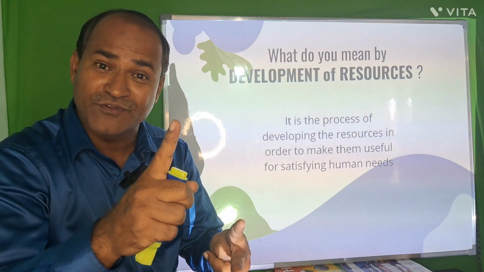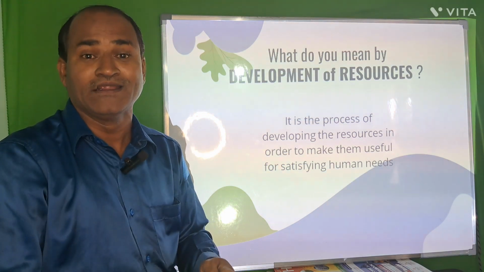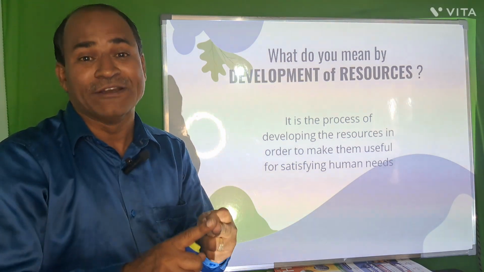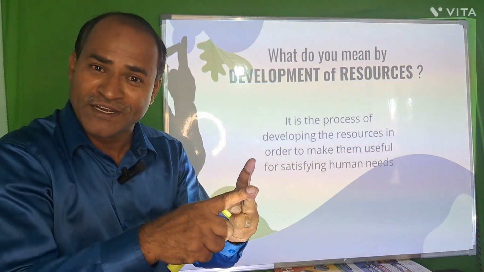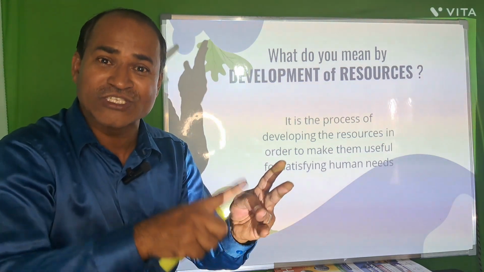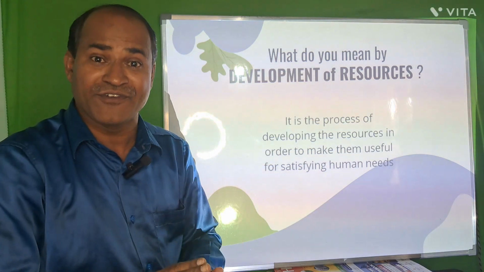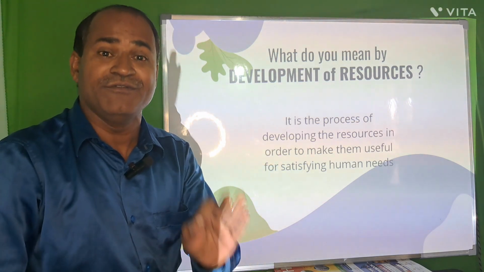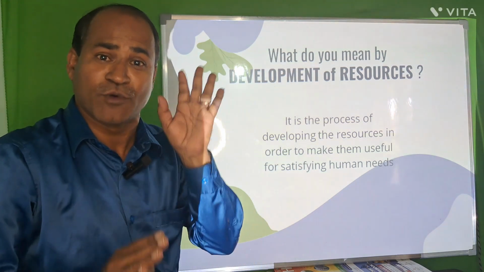And children, one more classification, on the basis of the status of the development, we can divide the resources into potential resource, developed resource, stock resource and reserve resource. Okay children, these are the classifications of the resources, very important for the upcoming examination from the CBSE board.